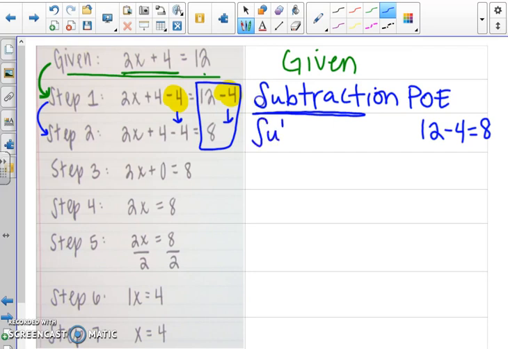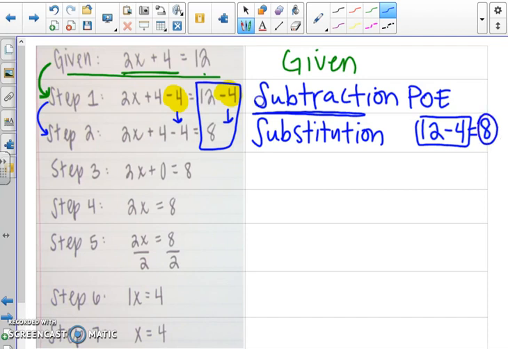So that is substitution. So anytime we're just adding or subtracting, we're combining like terms, we say that substitution because we're replacing an expression with its equivalent number, with what it's equal to.